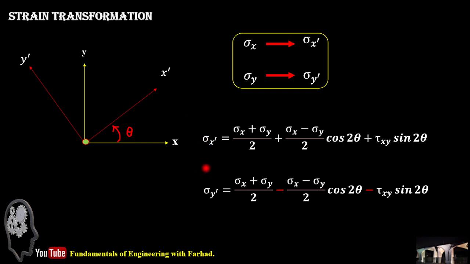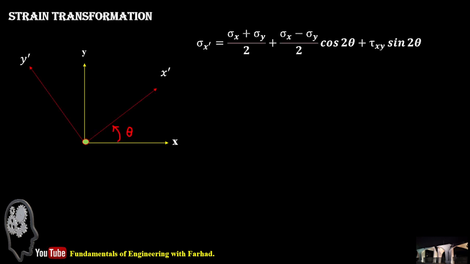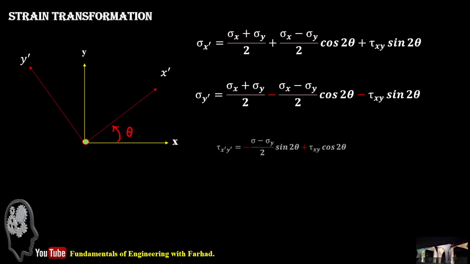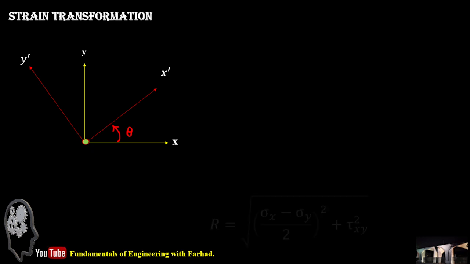And if you want, I will provide you with a link to the video on how to derive this formula. But for now, we are focusing on how we can get them from the Mohr circle, which is far simpler. So sigma x prime, sigma y prime, and tau xy moves to tau x prime y prime as well. And they come from the formula.